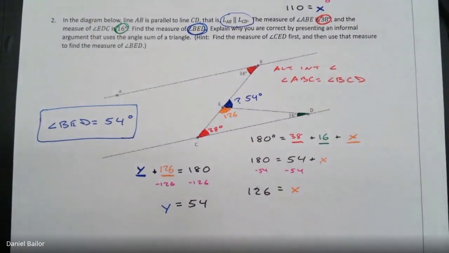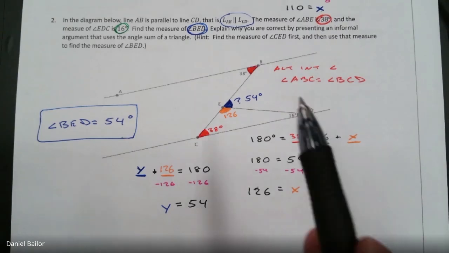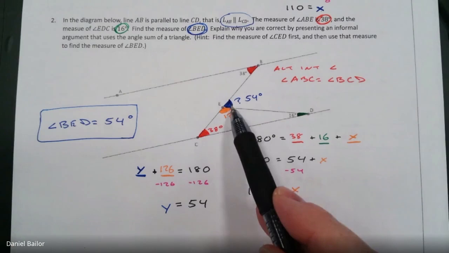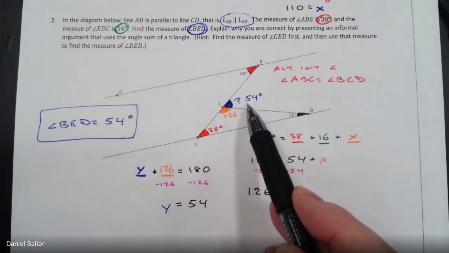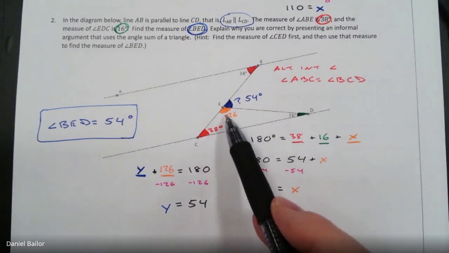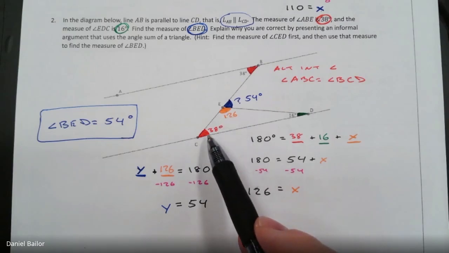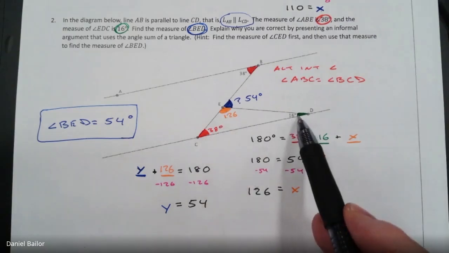So that's how we solved it yesterday, but I wonder how many of you saw the shortcut. How many of you noticed something a little bit odd about this and said, wait a second. This angle outside the triangle was 54 degrees. But look at the red and the green.